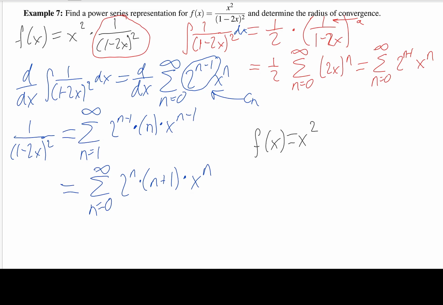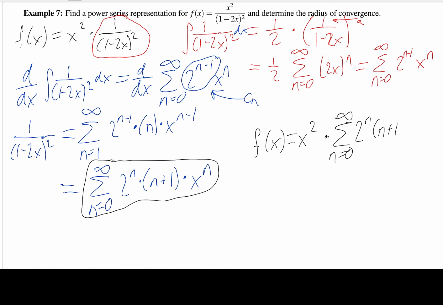Well, 1 over 1 minus 2x squared is really equal to this right here, so I'm going to substitute that in. So times the sum from n equals 0 to infinity of 2 to the n plus 1, x to the n. And so when I multiply out that x squared, we'll get the sum from n equals 0 to infinity, 2 to the n plus 1, x to the n plus 2, because I can just add these exponents right here.